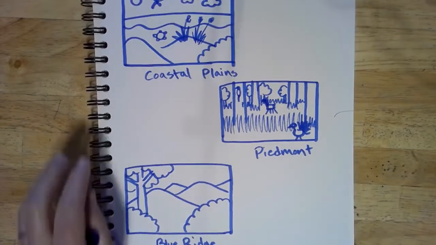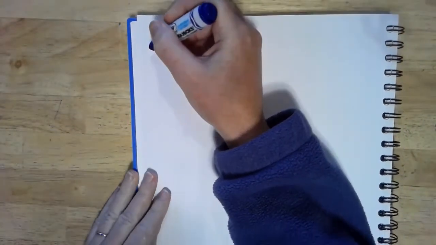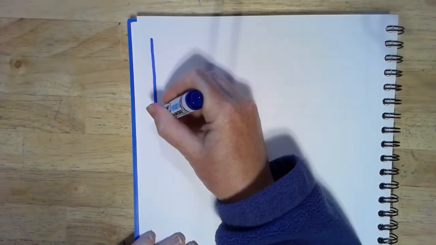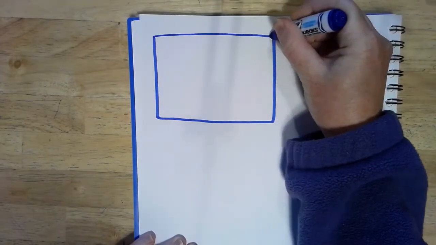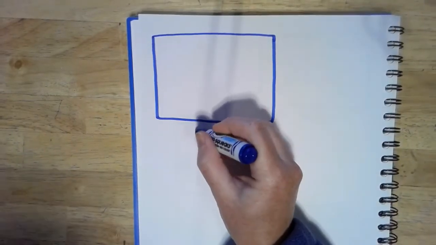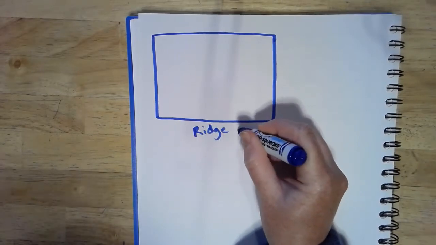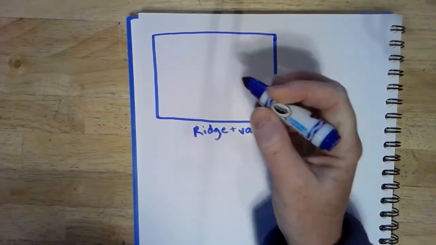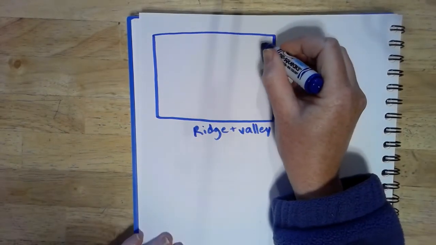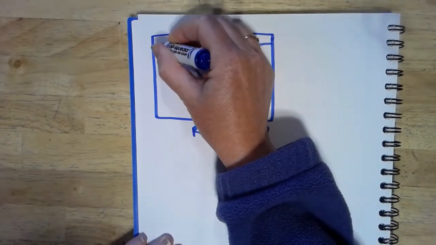Alright. Coastal Plains, Piedmont, Blue Ridge. Two more boxes. All right, ridge and valley. We're going to have two ridges. Ridge and valley. Two ridges going down into a valley.